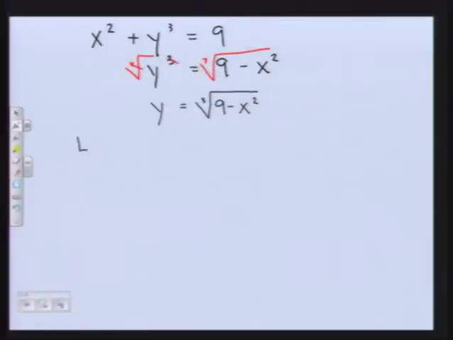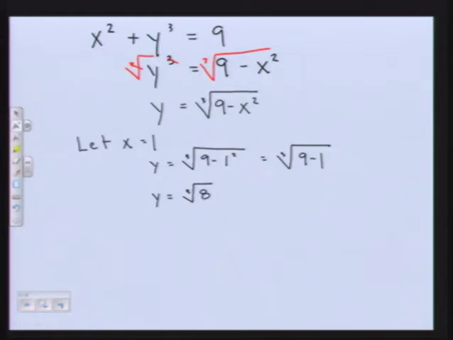I'm going to go through again and stick with x equals 1. It's a nice little number. Substitute that in, cube root of 9 minus 1 squared. 1 squared is just 1. So that's 9 minus 1. 9 minus 1 is 8.